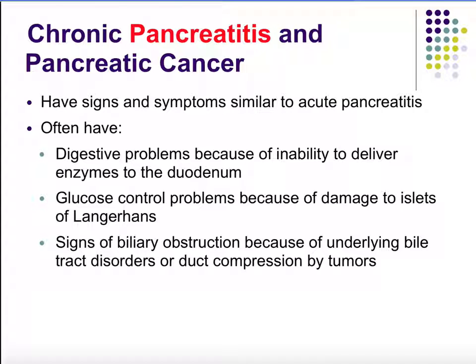The endocrine part can also be impacted. When we start to damage the islets of Langerhans, obviously insulin secretion can be impacted, and so glucose control problems happen. Signs of biliary obstruction can occur because of underlying bile tract disorders or compression by tumors.